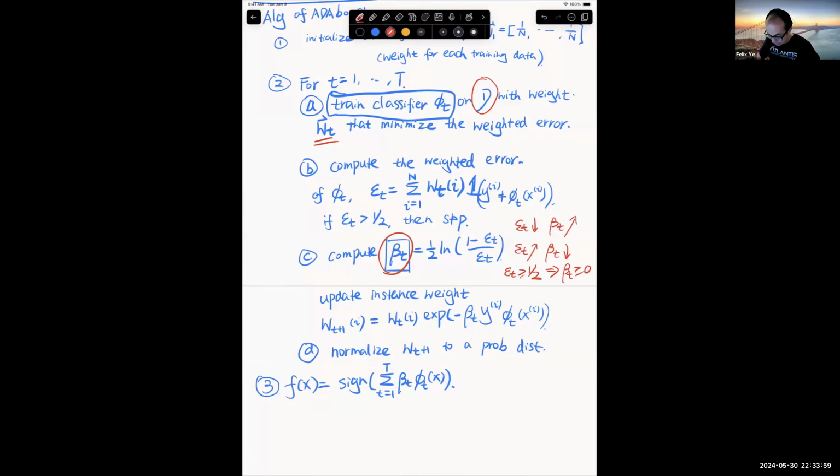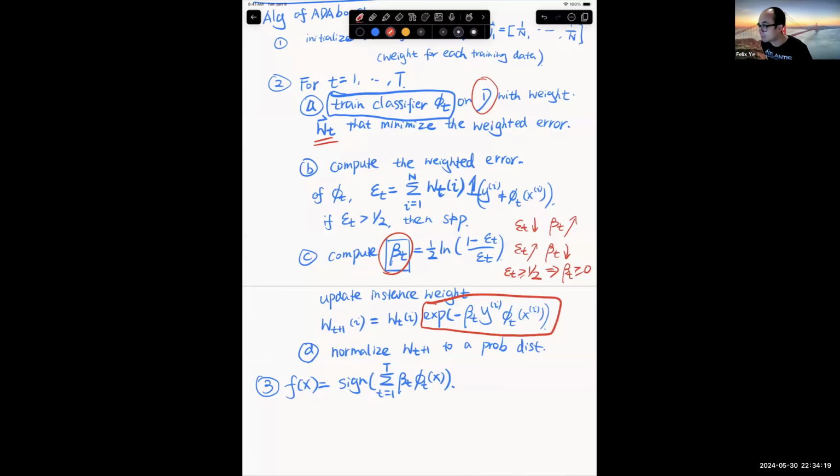Okay, and also you can see right here, I'm going to multiply each weight by a factor of exponential minus beta t times yi times phi t of xi.